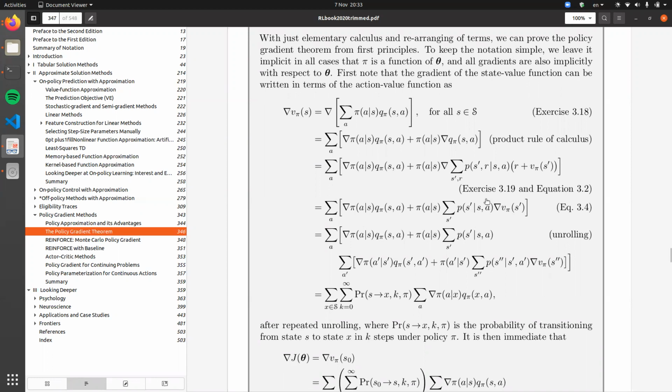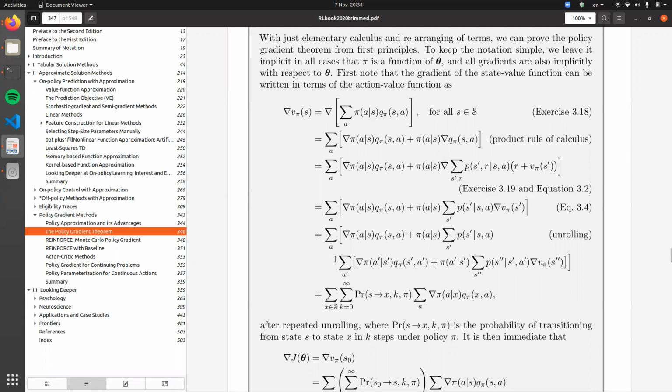The transition does not depend on our policy, and therefore we can safely take the gradient of only the value function of the next state, because the transition probability is a property of an environment rather than of a policy.